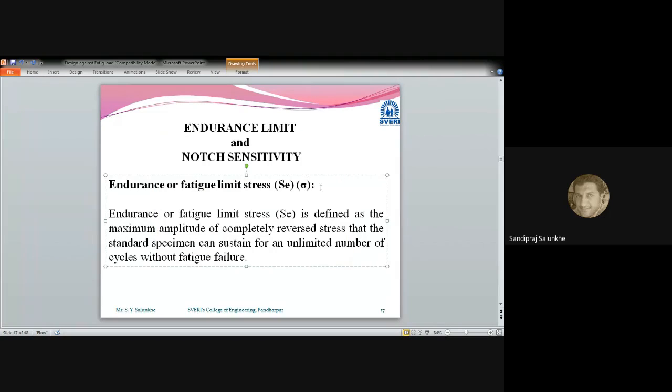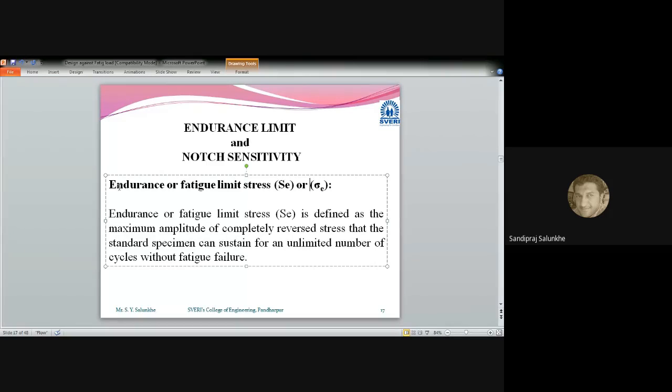But normally it is denoted by S only, where the S nomenclature is used for stress, and normally the nomenclature we use is sigma. So we should not get confused between sigma and S.